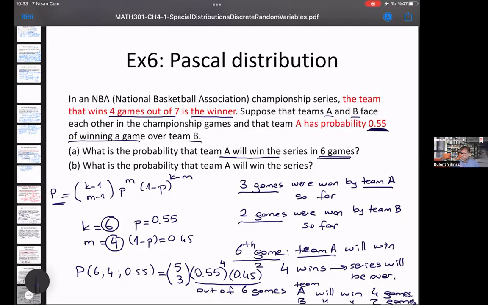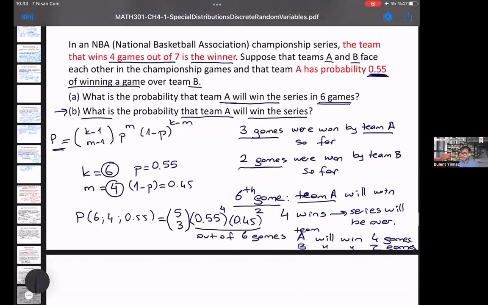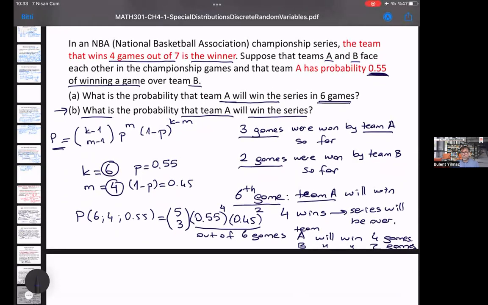Okay. Now I want you to focus on this question. What's the probability that team A will win the series? It's an independent question right now. What's the probability that team A will win the series?